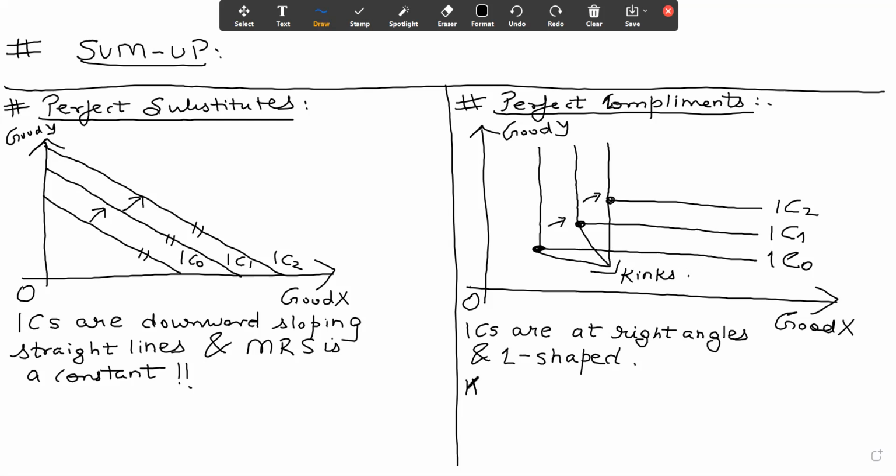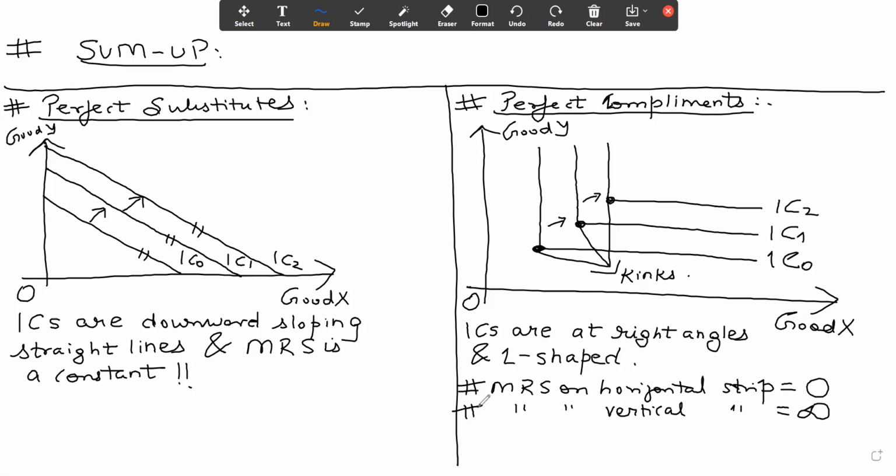And what we have learned is MRS on the horizontal strip is 0. MRS on the vertical strip is infinity, because any line parallel to the x-axis has slope 0, any line parallel to the y-axis has slope infinity, and MRS at the kink is not defined because a kink is not a differentiable point.